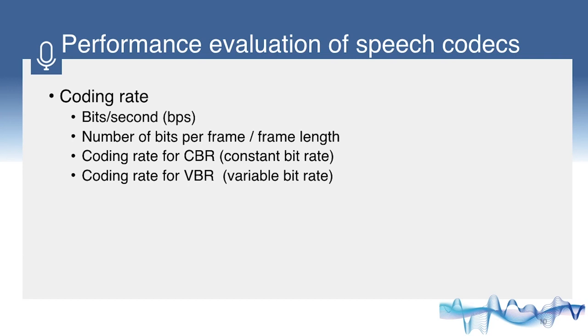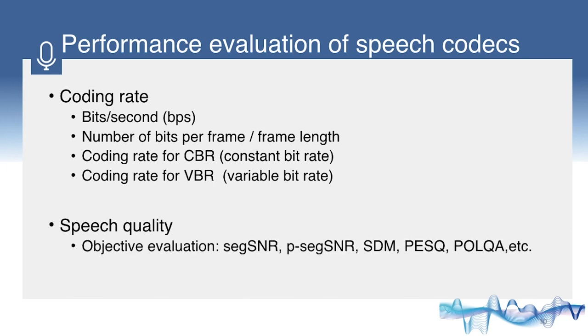The quality of reconstructed speech after coding is a key index to evaluate the quality of a speech coding algorithm. There are two main methods to evaluate speech quality: objective evaluation and subjective evaluation.